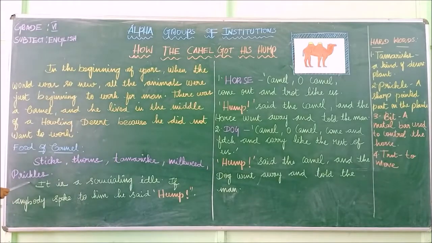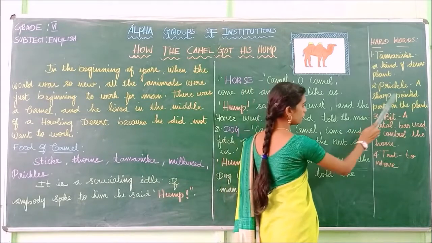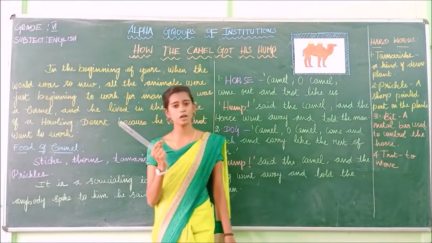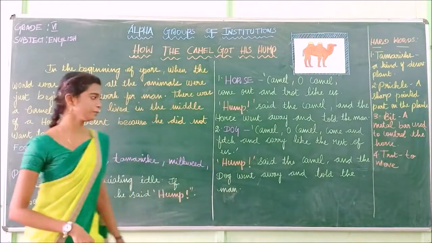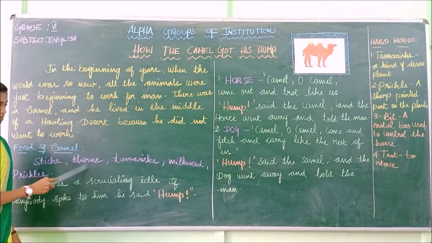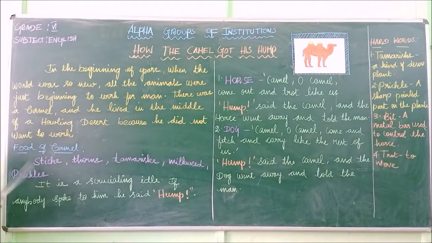Next one, prickles. What is meant by prickles? Look here. A short pointed part on the plant. So the food of the camel is sticks, thorns, tamarisk, milkweed, prickles.